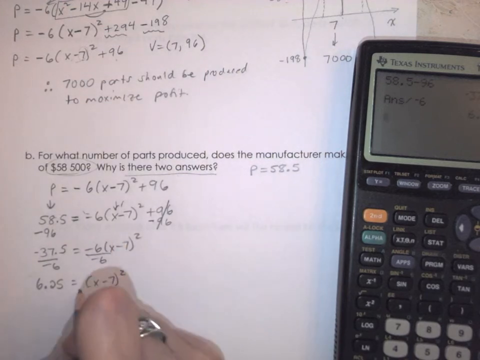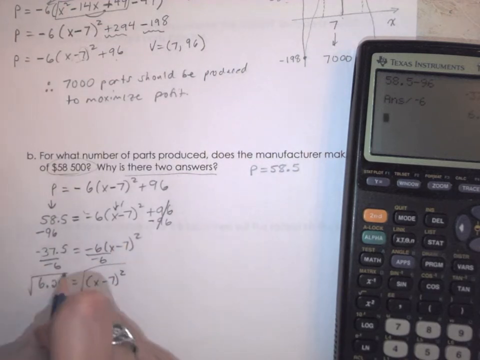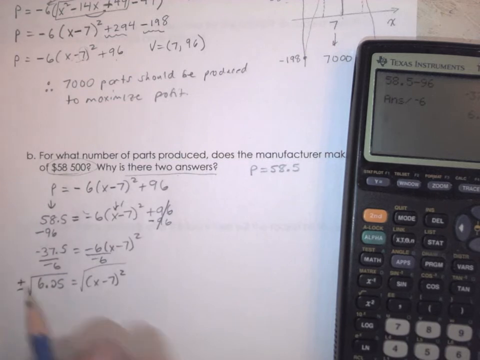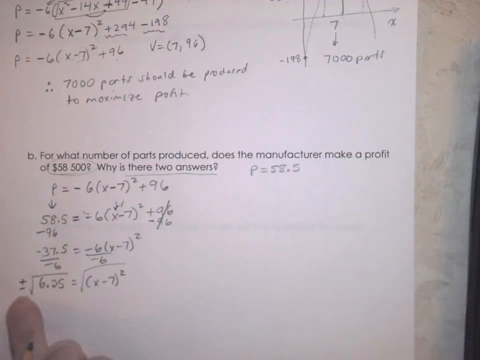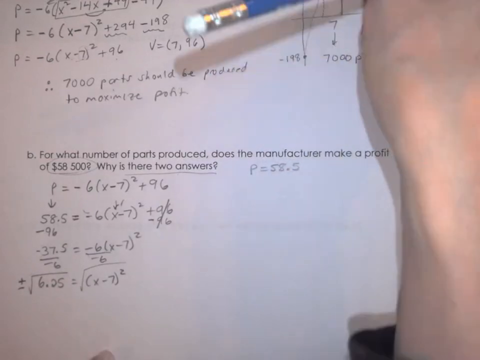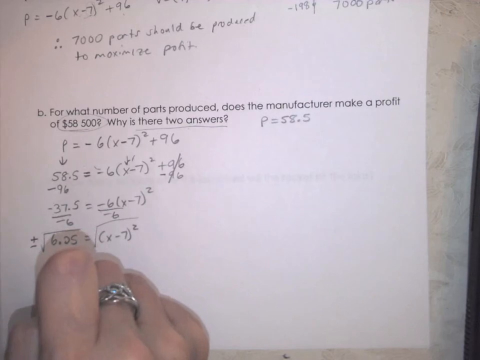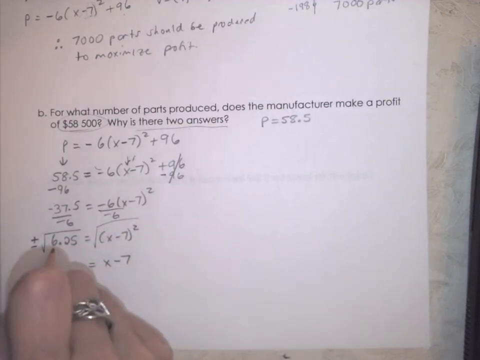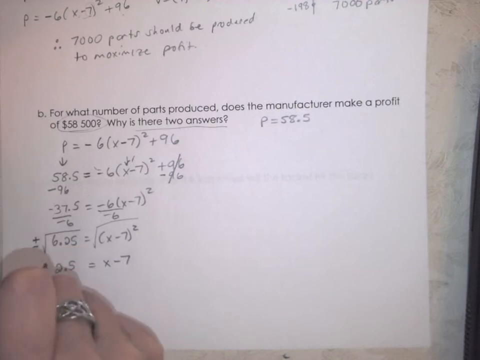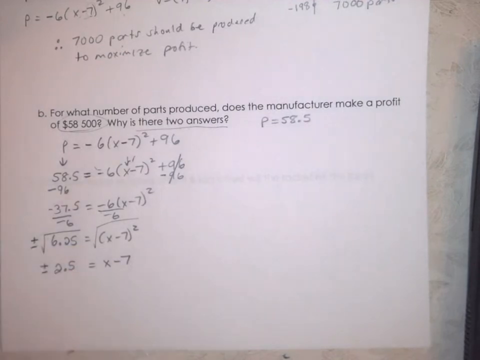Square root both sides. Again, maybe we'll see the importance of the plus or minus a little more in this question than we did in the last one. But we need it, because there's a positive square root and a negative square root. That makes sense. So to get 6.25, you can either do 2.5 times 2.5 or negative 2.5 times negative 2.5.